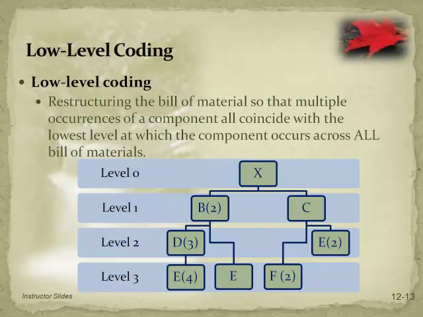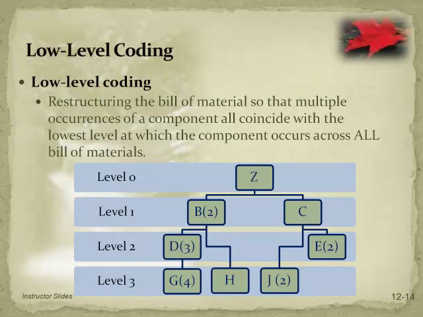So we see that part E, as in Edward, exists on level 2, and it also exists on level 3. So on this bill of material, the lowest level where part E exists is on level 3.